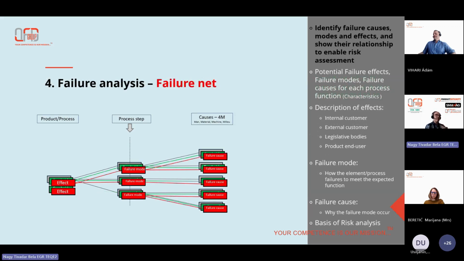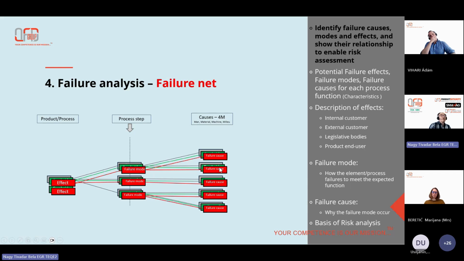The next step is the failure analysis. The failure analysis is built on the function analysis, because we have a function and at this level, characteristics. We define their failures. In the middle, the focus level, the failures we name as failure mode. In the highest level, failure effect, and the lowest level, failure cause.